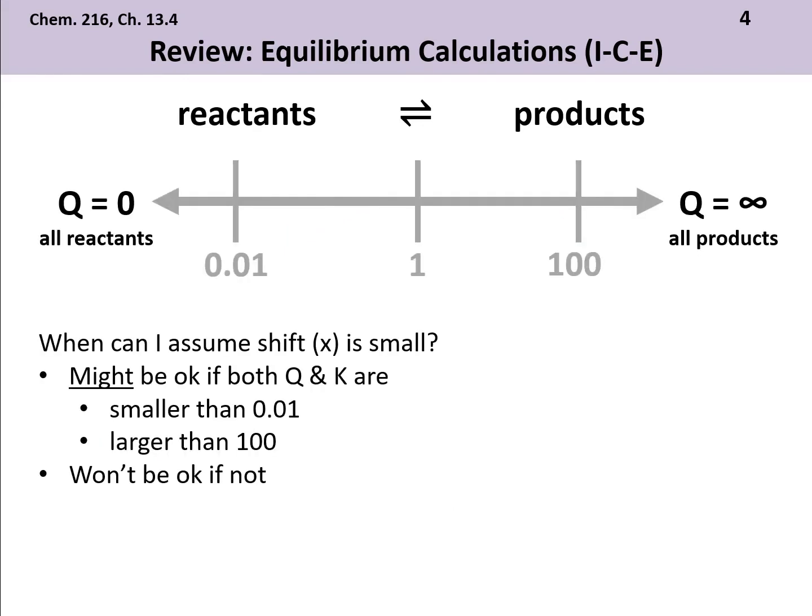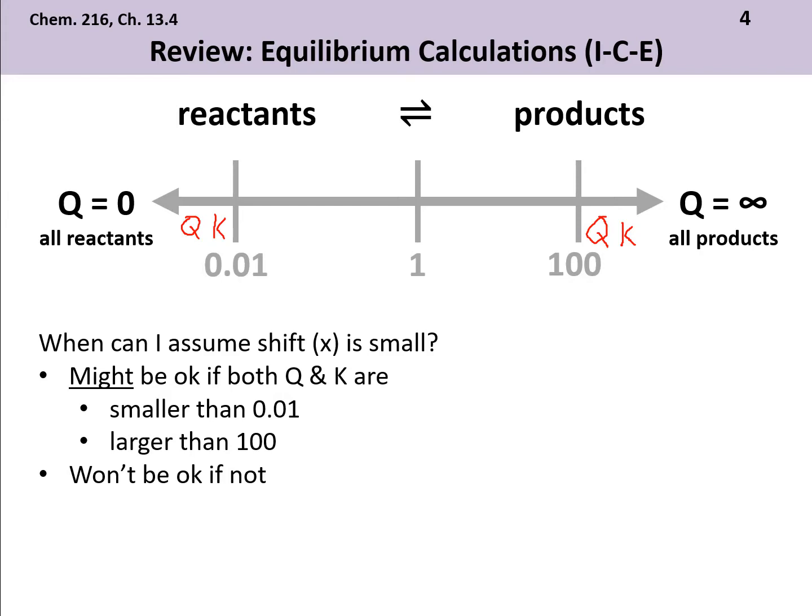So when is it small enough? There aren't any actual rules, even though they'll say online there's a rule for this. I'll tell you, typically, if Q and K are both smaller than 0.01, it's usually a small shift. If Q and K are both larger than 100, typically it's a small shift.